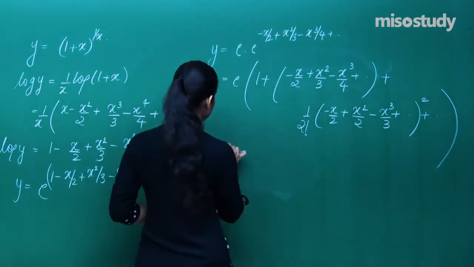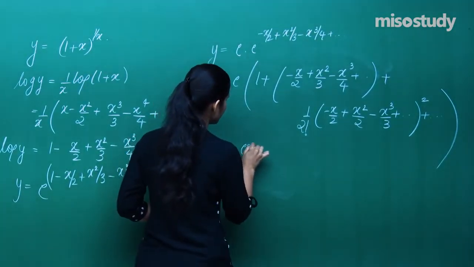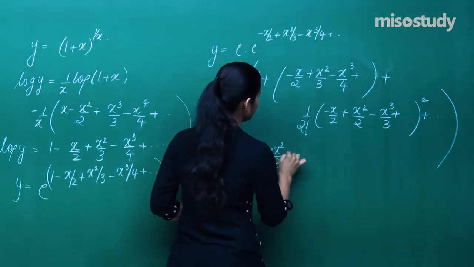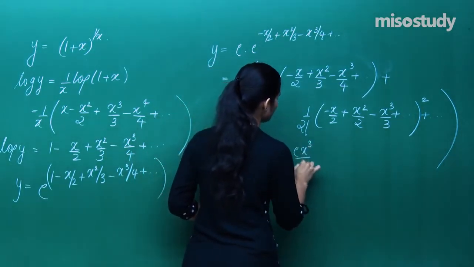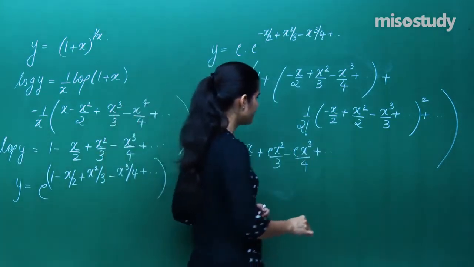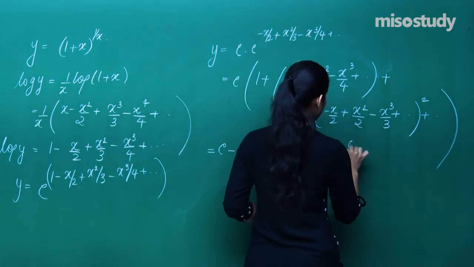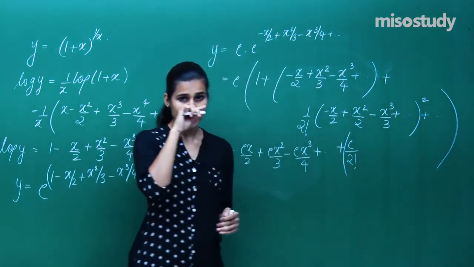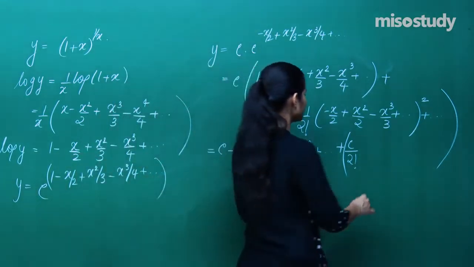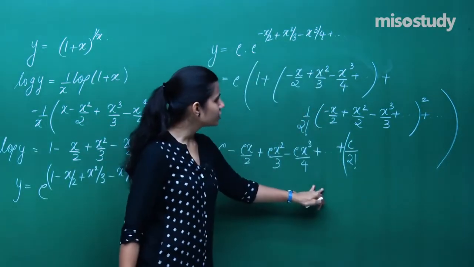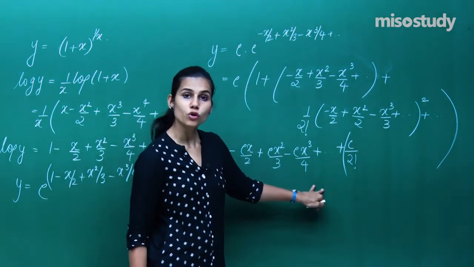This becomes e minus ex by 2 plus ex square by 3 minus ex cube by 4 plus and so on, and then you have e again. So e by 2 factorial. So this is the next term, another term. This is e by 2 factorial. Inside you have minus x by 2 plus x square by 3 minus x cube by 4 and so on whole square.